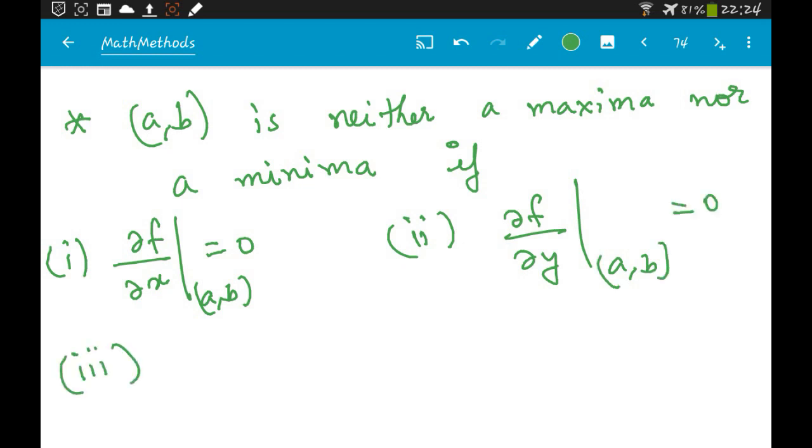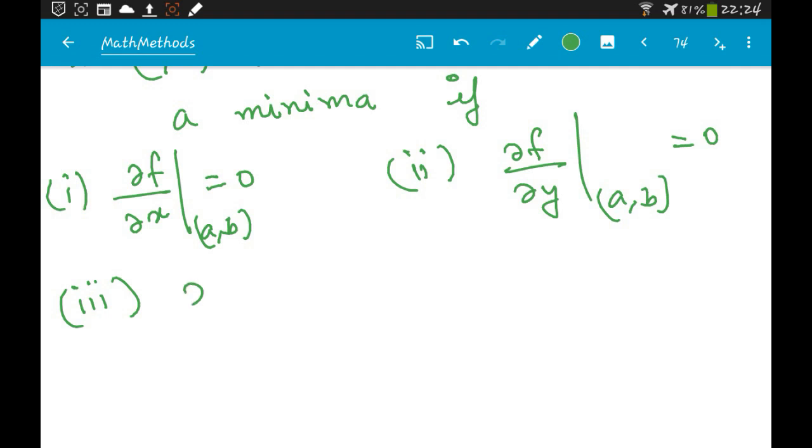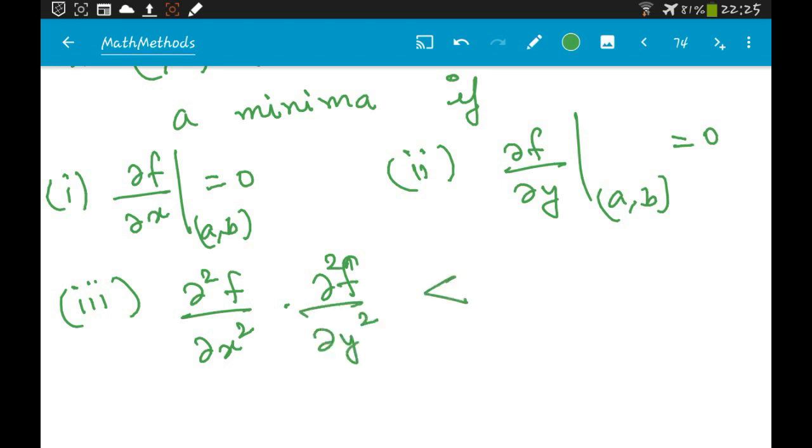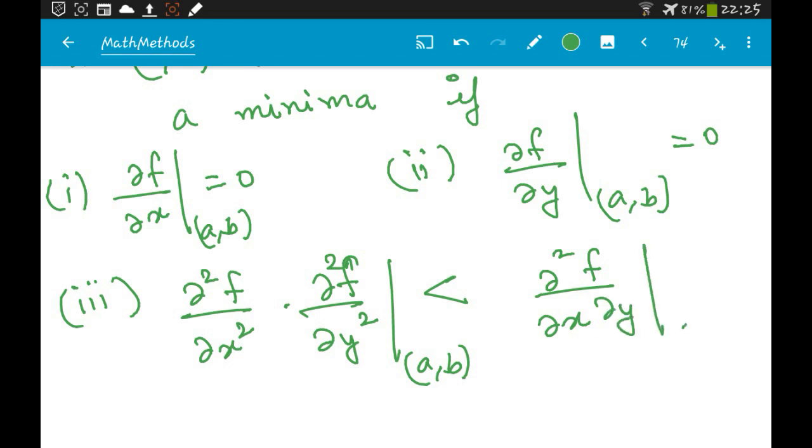Then third condition is dou square f by dou x square into dou square f by dou y square, at a comma b, is less than dou square f by dou x dou y at a comma b. Alright, so these are the conditions that you should keep in mind.